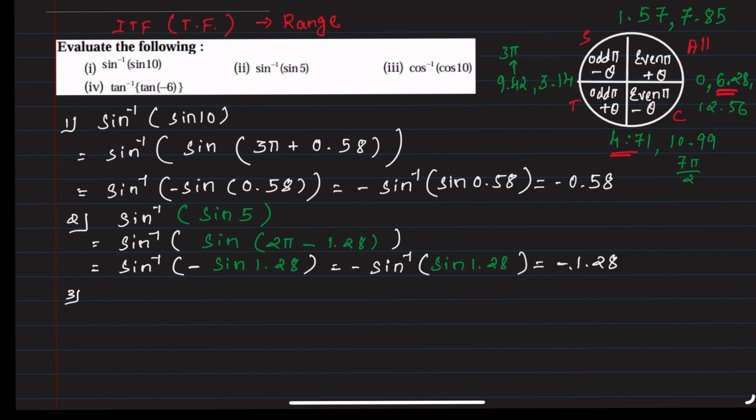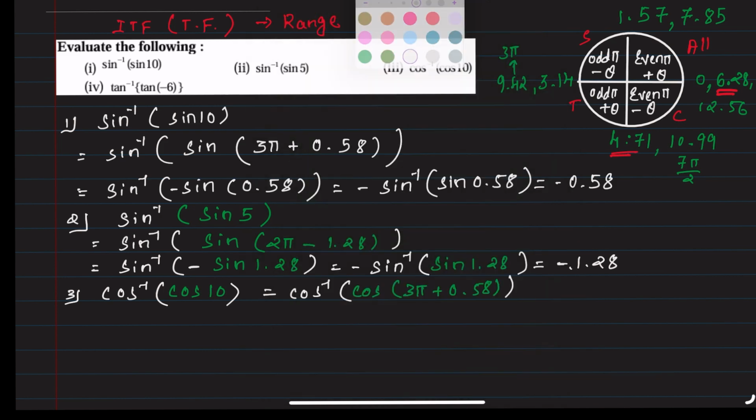Same thing. Third, cos inverse of cos 10. Cos 10, same approach. Cos inverse of cos of 3 pi plus 0.58. Okay. Cos of 3 pi plus theta is always minus cos theta.